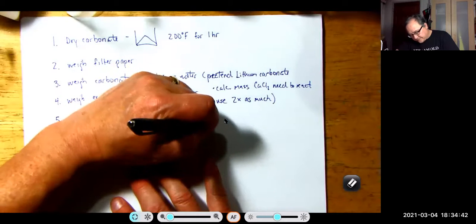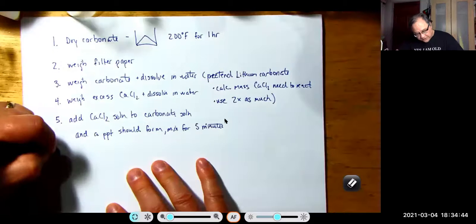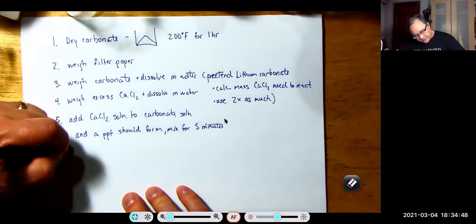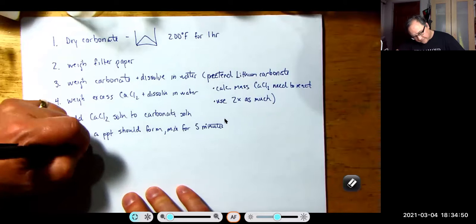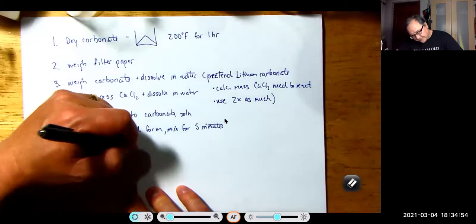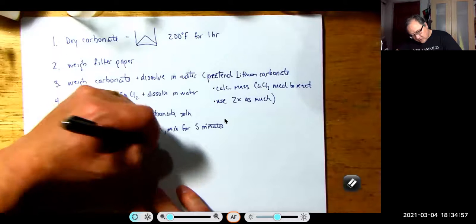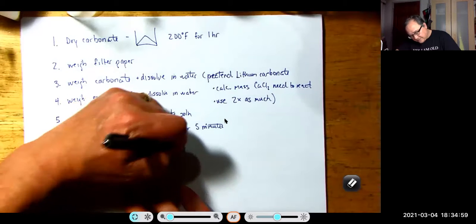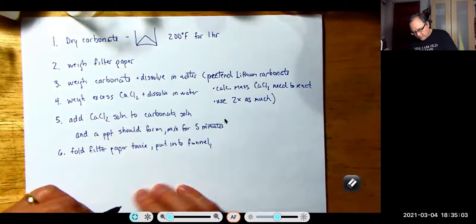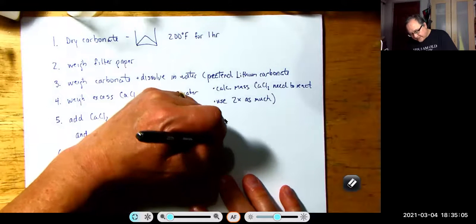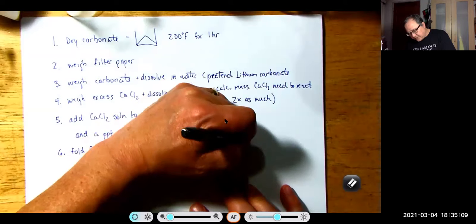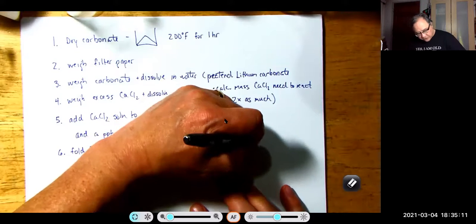And then what you want to do is fold the filter paper twice, put it into a funnel, wet it, and then filter the solution through it.